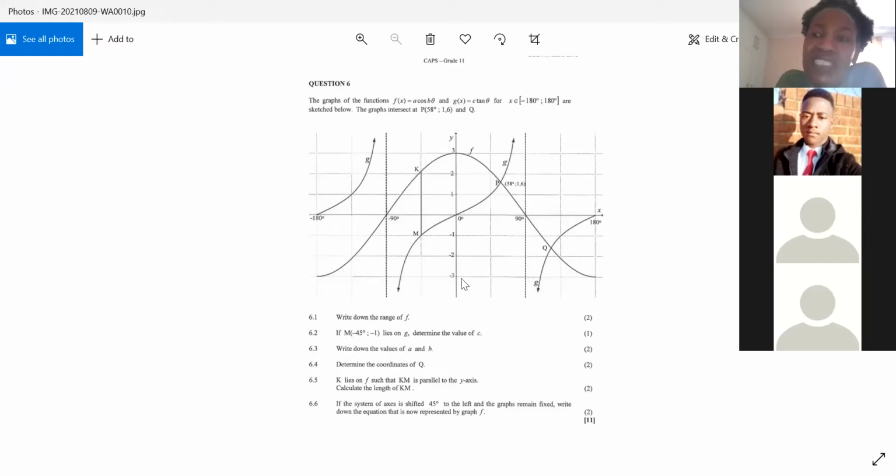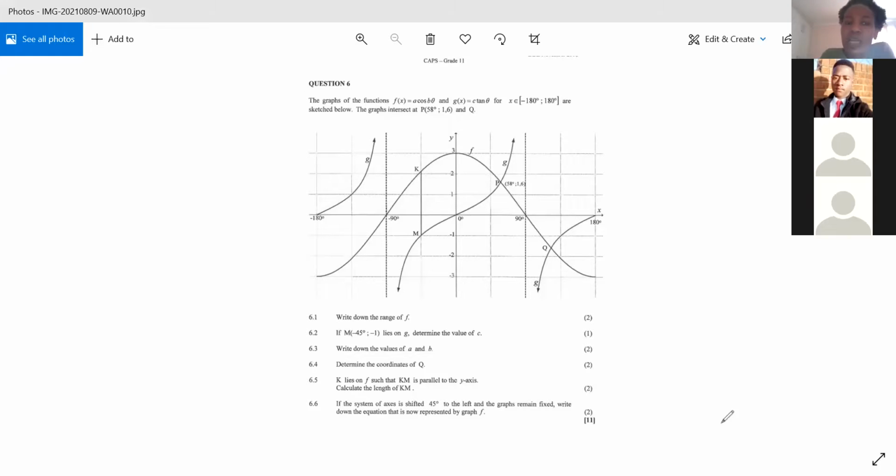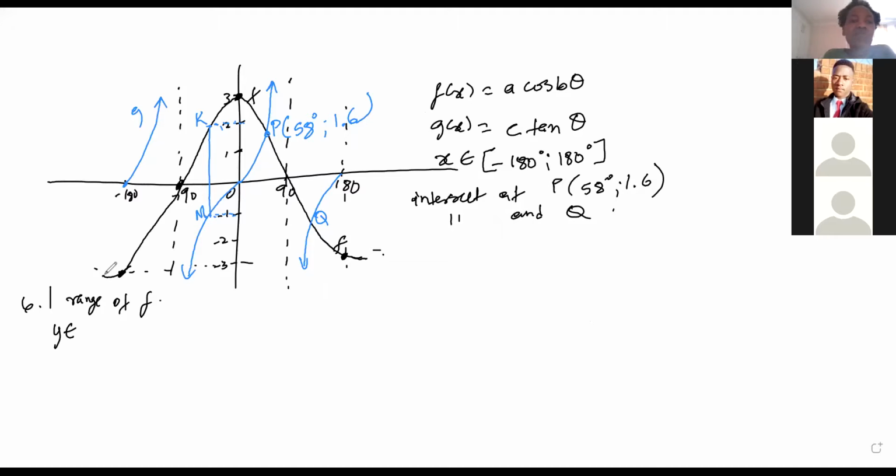The graph doesn't continue to -infinity. You can see the cosine graph curves here at -3. I didn't draw it to scale, so I didn't do justice to where it's curving. So our y is an element of -3 to +3, all inclusive.